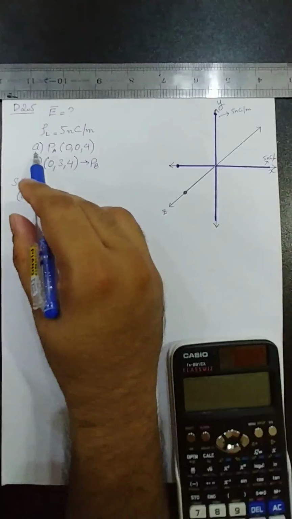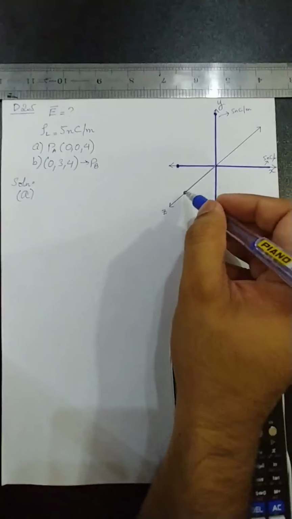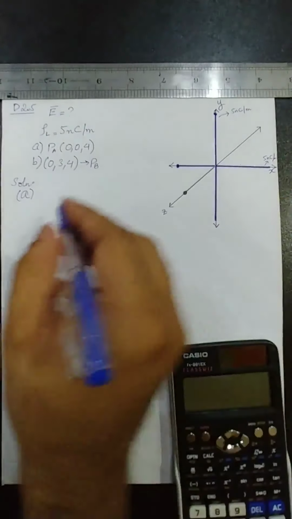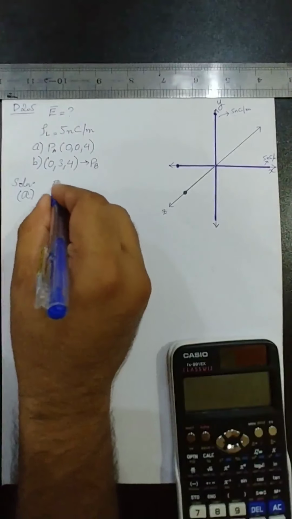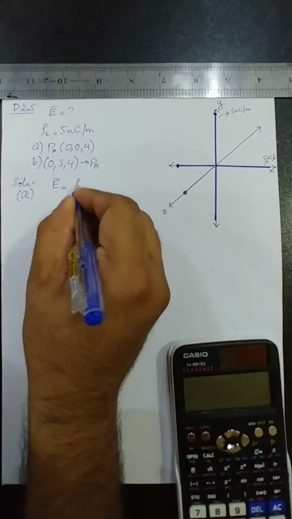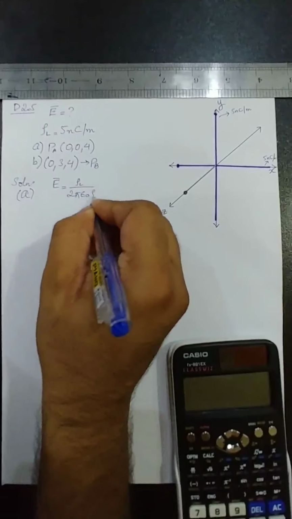So let's look at the field point. Definitely the coordinates tell us that the field point lies on the z-axis. For the electric field intensity due to an infinite uniform line charge density, we know that we have a formula which is rho L upon 2 pi epsilon naught rho, times a rho.